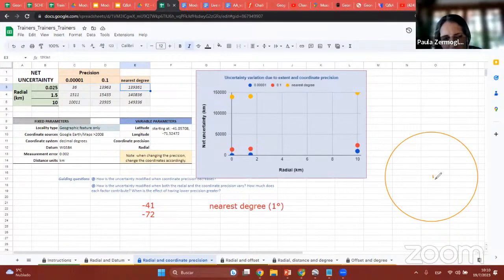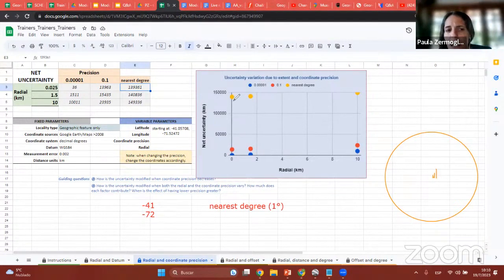Now, if we say we are with 0.1, we say we can be off this little bit. And if we are to 1 degree, we can be off this little bit, which is a lot. And this will have different changes if we're looking at latitude or longitude, because of how the Earth is, that is flattened at the poles.